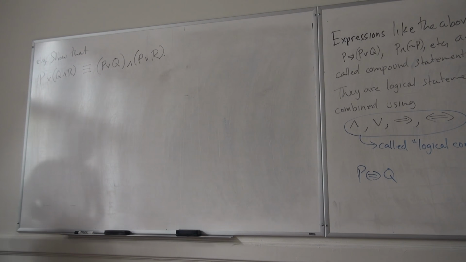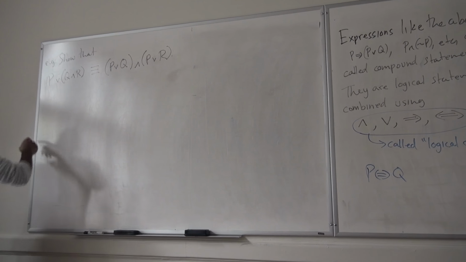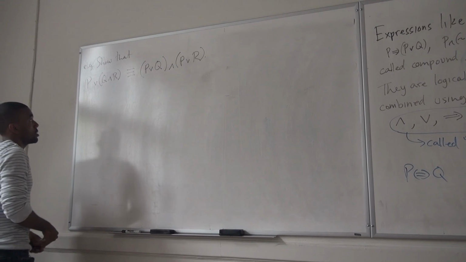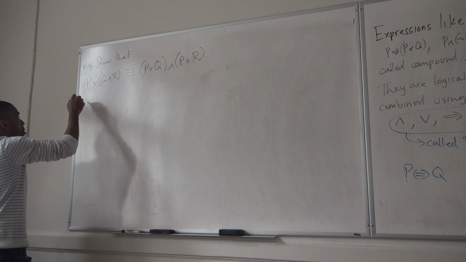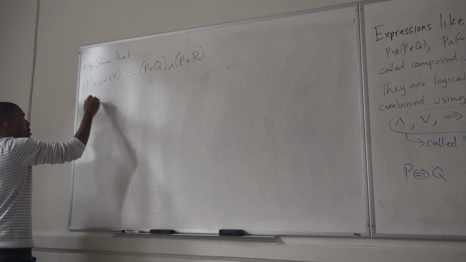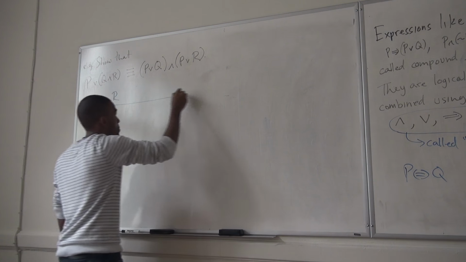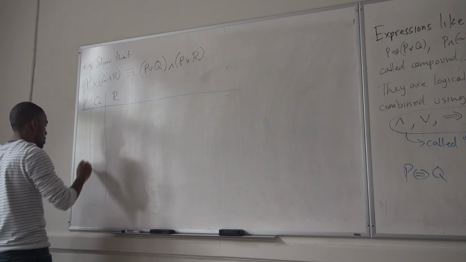We start by showing this using a truth table to prove that the truth values are the same in every instance. We have three statements here, and I'm making the statement P is true or both Q and R are true. So start with P, Q, R. What does the distribution of truth values look like here?